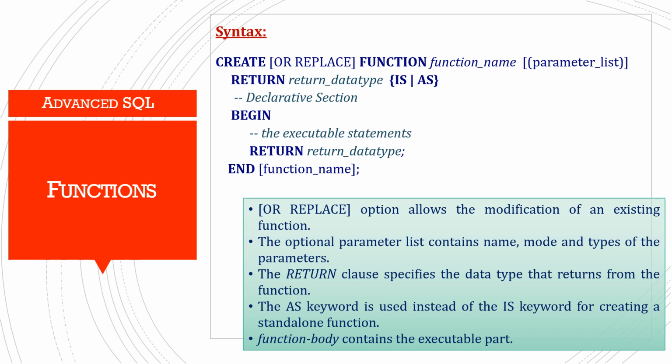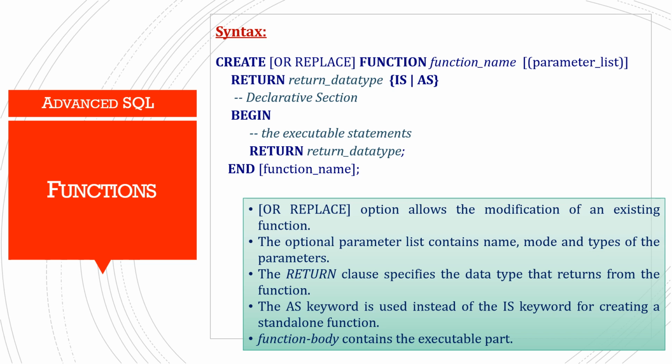The function body is the same as the PL/SQL block, which has three subsections: the declarative section, the executable section, and the exception handling section. The declarative section is between the keywords IS and BEGIN, and it is where we declare the variables, constants, and user defined types.